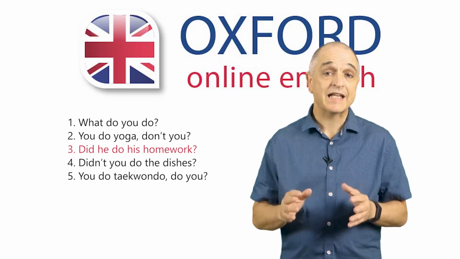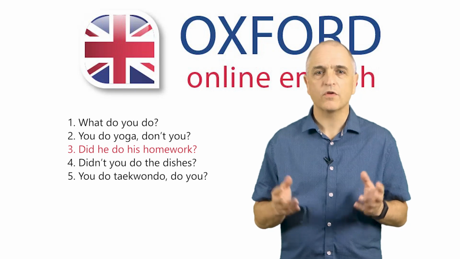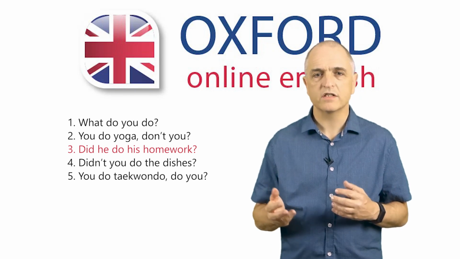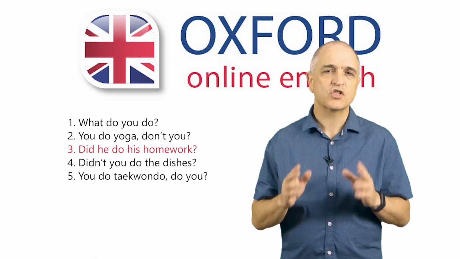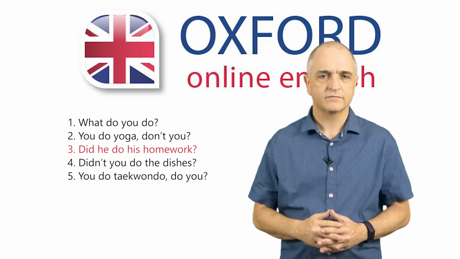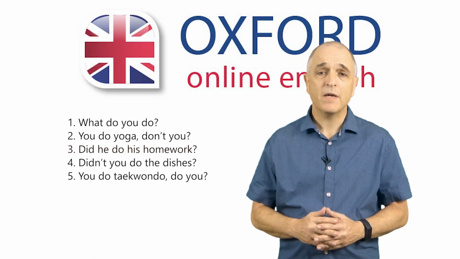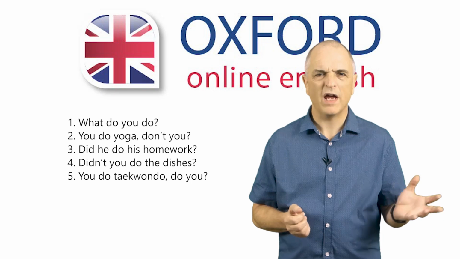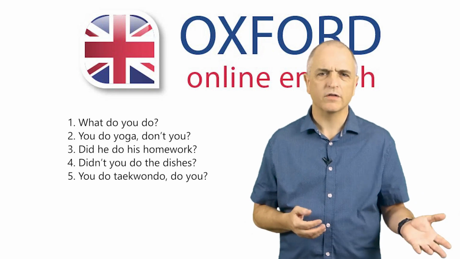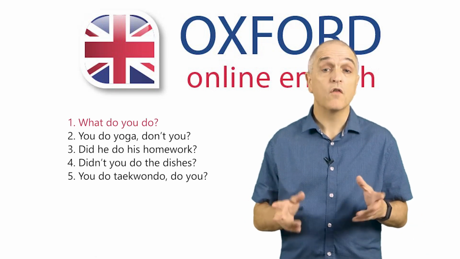Anyway, let's look at some different ways you can use do to make questions. You can make yes-no questions, which start with the word do, does, and so on. For example, see question 3. You can make questions with a question word, like what, where, who, and so on. See question 1 for an example.